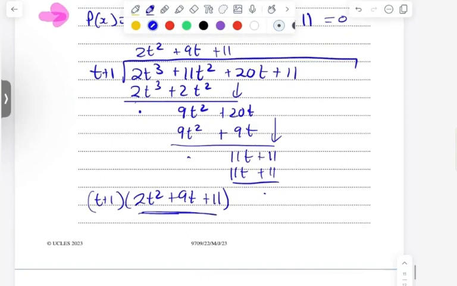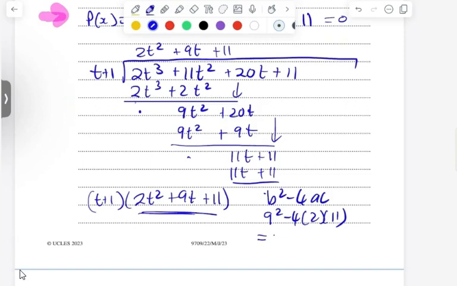Right, so I just basically want to show that this has no roots. I think the easiest way to do that is to show my discriminant is less than 0. So that's going to be 9 squared minus 4 times 2 times 11. And what does that give us? So 9 squared minus 4 times 2 times 11.